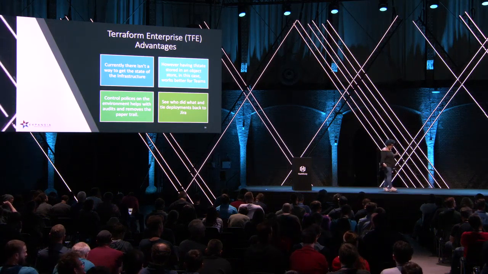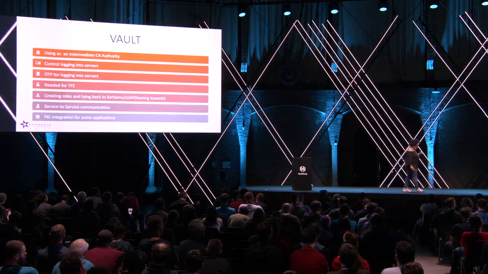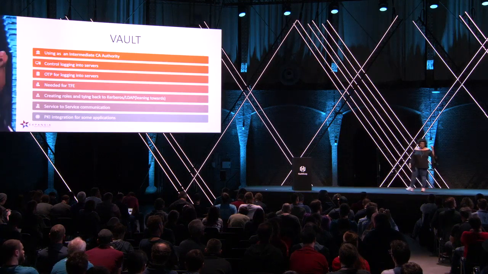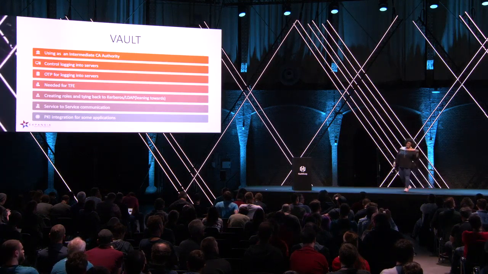Super important. We're also using Vault. So we're using Vault Enterprise for a couple of things. One, we need PKI integration. The other one is we need it for Terraform. And the other one that we also need is for controlling logging into servers. So when we're talking about logging into servers, in some cases, you may need someone to log into a server, if it's a monolithic application and it's been around forever and that's just what they've been used to.